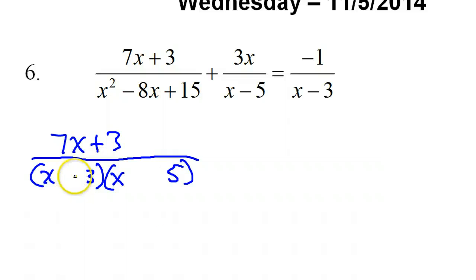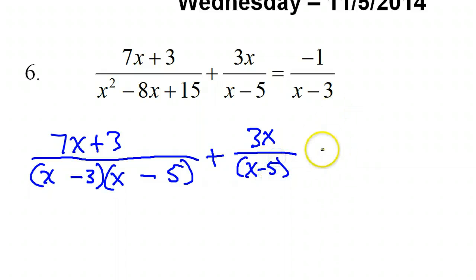To make negative 8, I could use a negative 3 and a negative 5. And a negative times a negative makes a positive 15. So I will keep going. I have plus 3x over x minus 5, and then equals negative 1 over x minus 3.